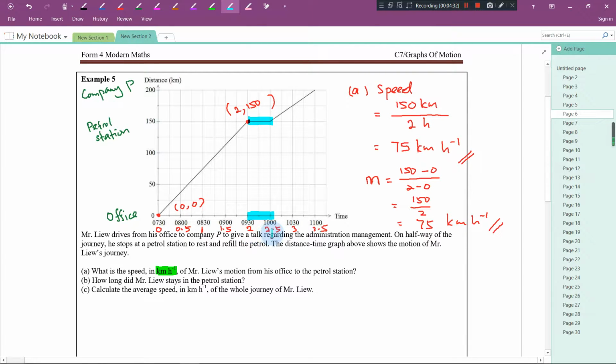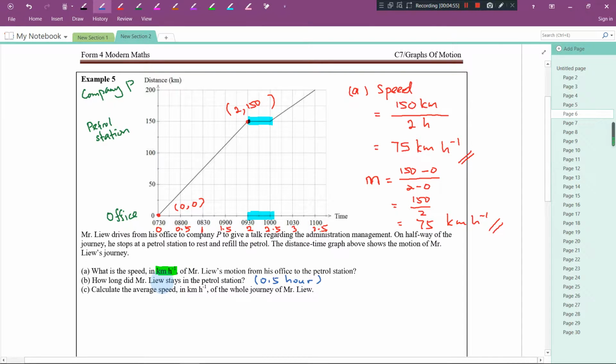This is 0.5 hours. At 9:30 a.m. Mr. Liu reached the petrol station, and then he stayed there for half an hour. So here will be 0.5 hours, or you can give your answer in 30 minutes.